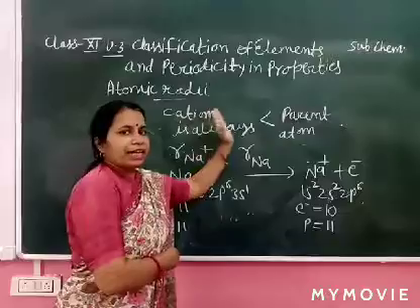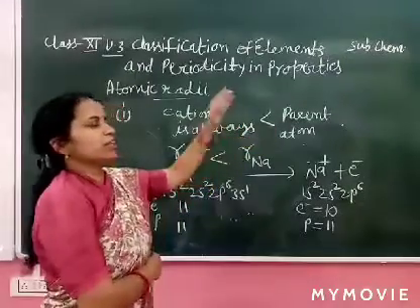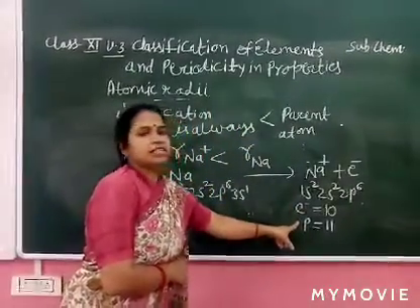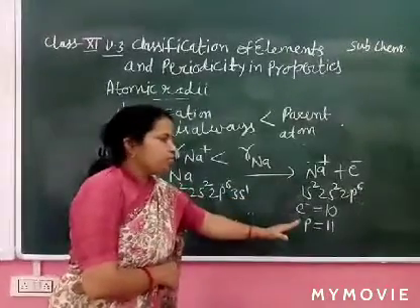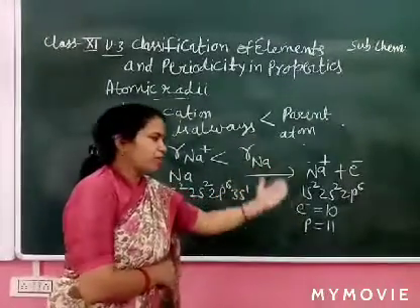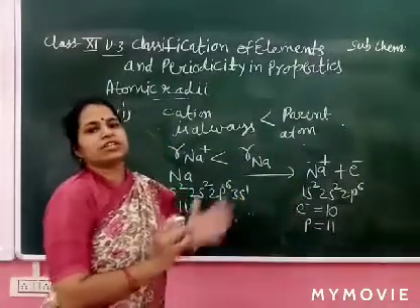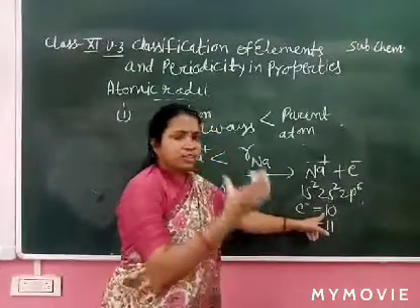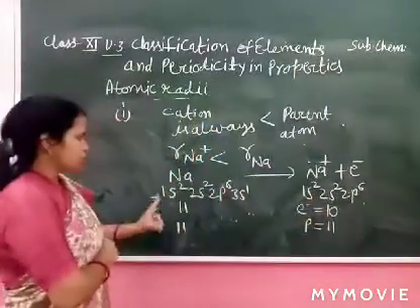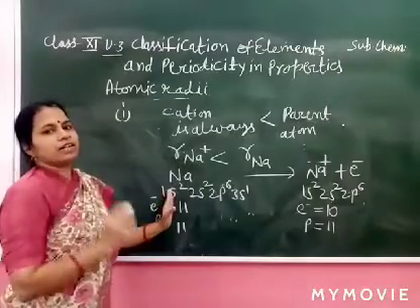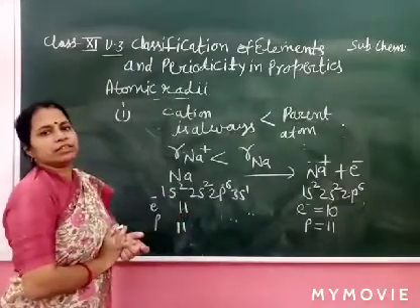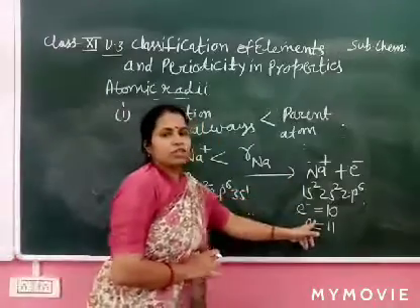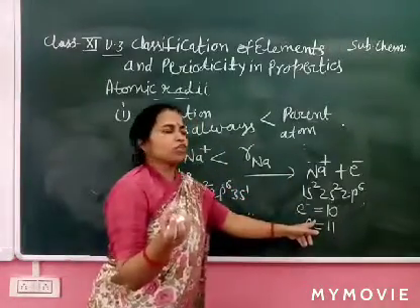When a cation is formed by the removal of an electron, the attraction of the nucleus, the effective nuclear charge Z, is increased. Now protons are 11, they attract the 10 electrons. In the other condition, electrons are 11 and protons are 11. Where is the attraction force more? In this condition. So radii is small.